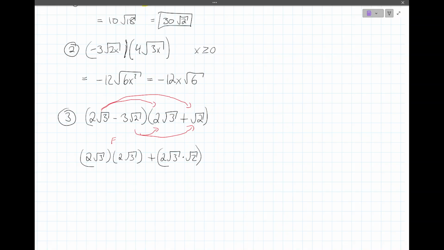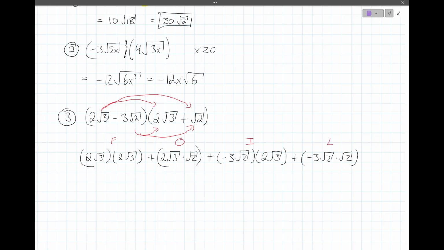That's outer. And then let's go inner here, plus negative 3 root 2 times 2 root 3, and that's my inner. And then my last is plus negative 3 root 2 times root 2. Okay, and that's my last.